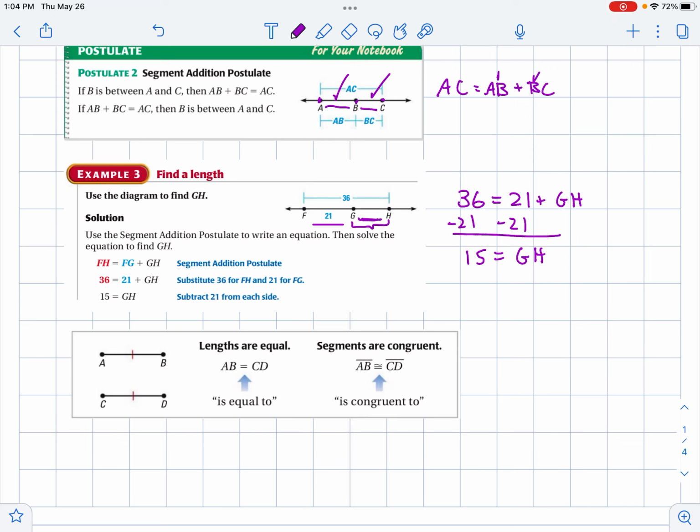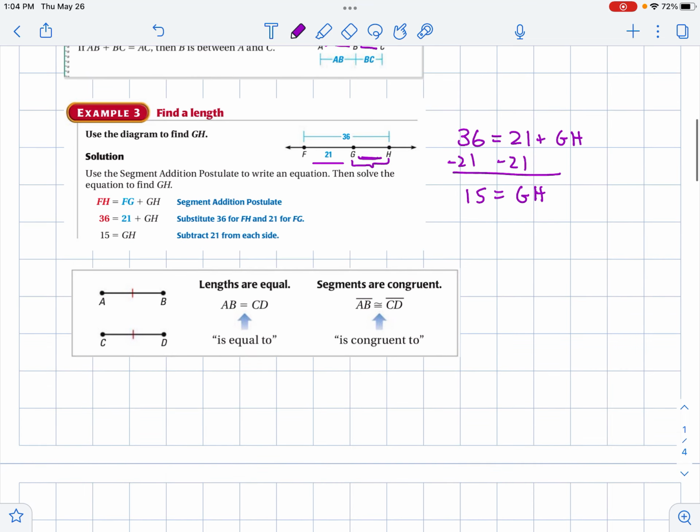Now, here's another thing. A lot of geometry is about definitions, and we just want to be sure we're speaking the same language. Especially in this first chapter, we lay a lot of groundwork. Now, we can talk about segments that are congruent. And we denote that this way, a little equals sign with a little squiggly above it, okay? So if two line segments have the same length, we talk about them being congruent.